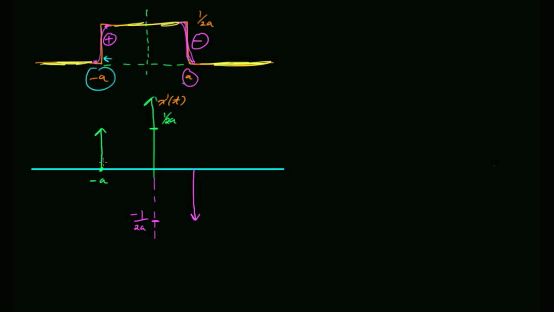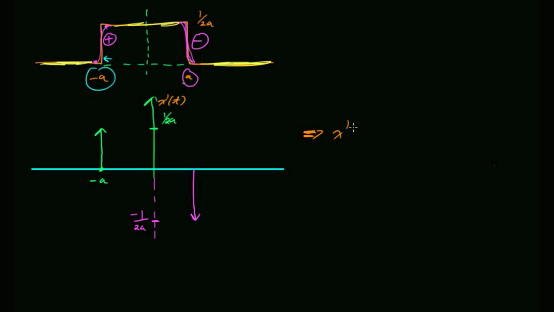If the impulse has area 1, the constant is a value 1. Now, this is an impulse whose area is 1 over 2a. So if I take the Fourier transform of that guy, we'll deal with the shift in a second. But if I take the Fourier transform of this impulse, I'm going to get the constant 1 over 2a.